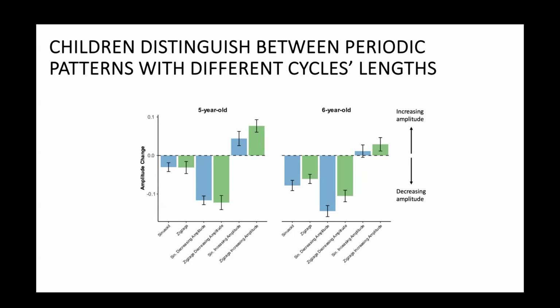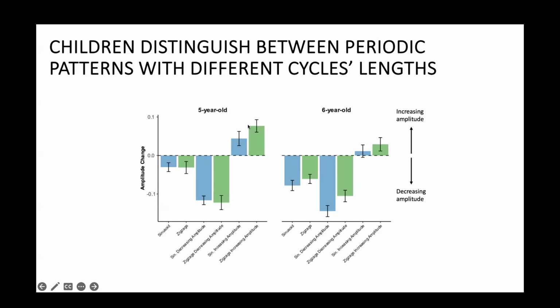So, for example, you can see here on the left, for a sinusoid with a decreasing amplitude or a zigzag with decreasing amplitude, most children on average were making an amplitude change that was in the decreasing direction, whereas for a sinusoid or zigzag with an increasing amplitude, they were making prolongations that were more in the positive directional change.